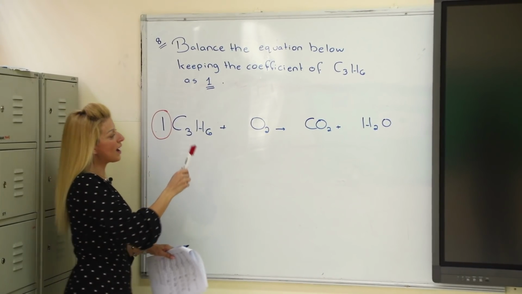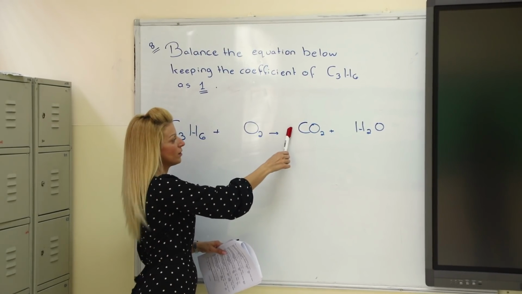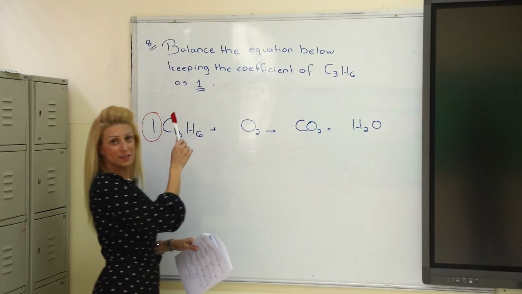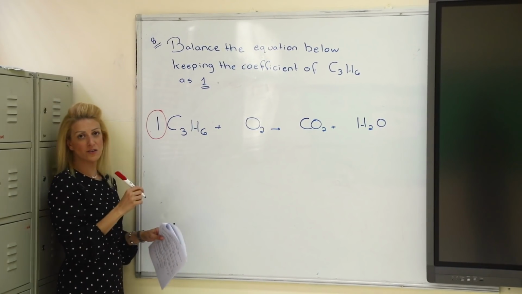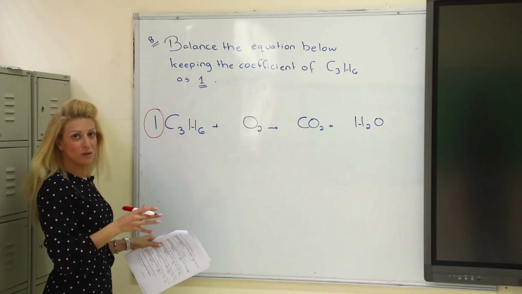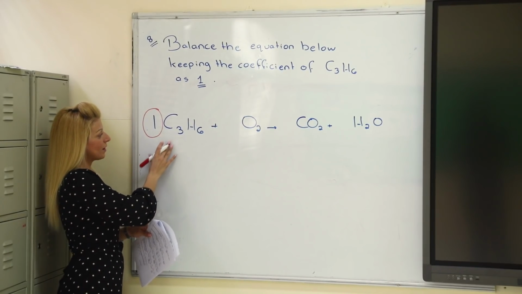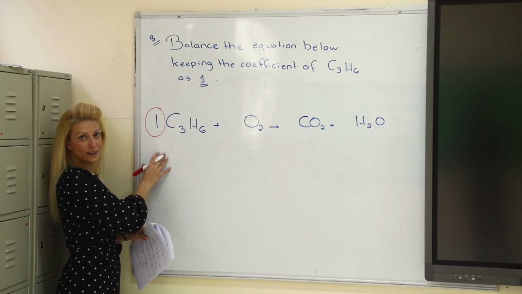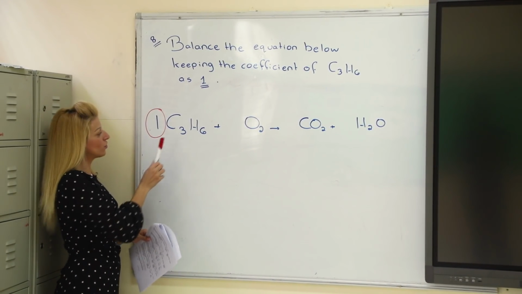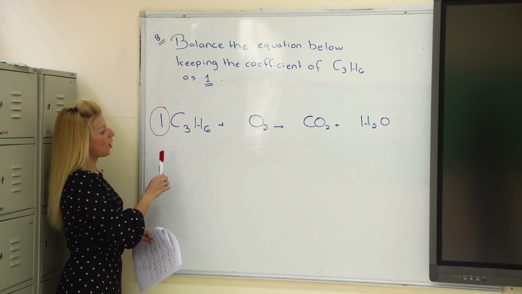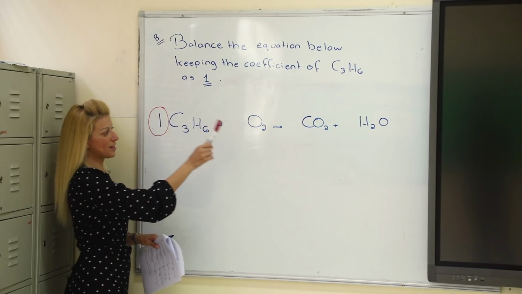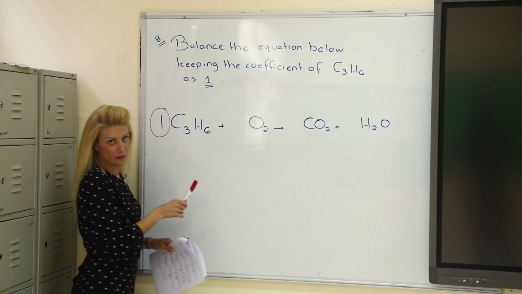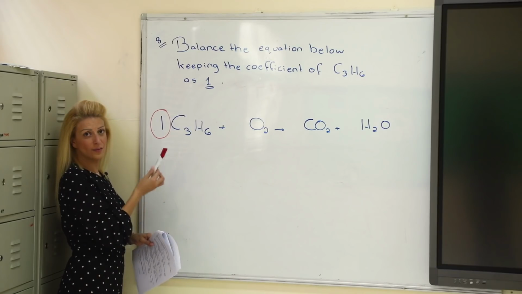So we have to add coefficients here to balance the equation without changing the coefficient of C3H6. As we know, atoms have to be conserved in a chemical reaction. So we have to count how many carbon atoms we have on the left, and it should be equal to the number on the right. Same with hydrogen and oxygen.